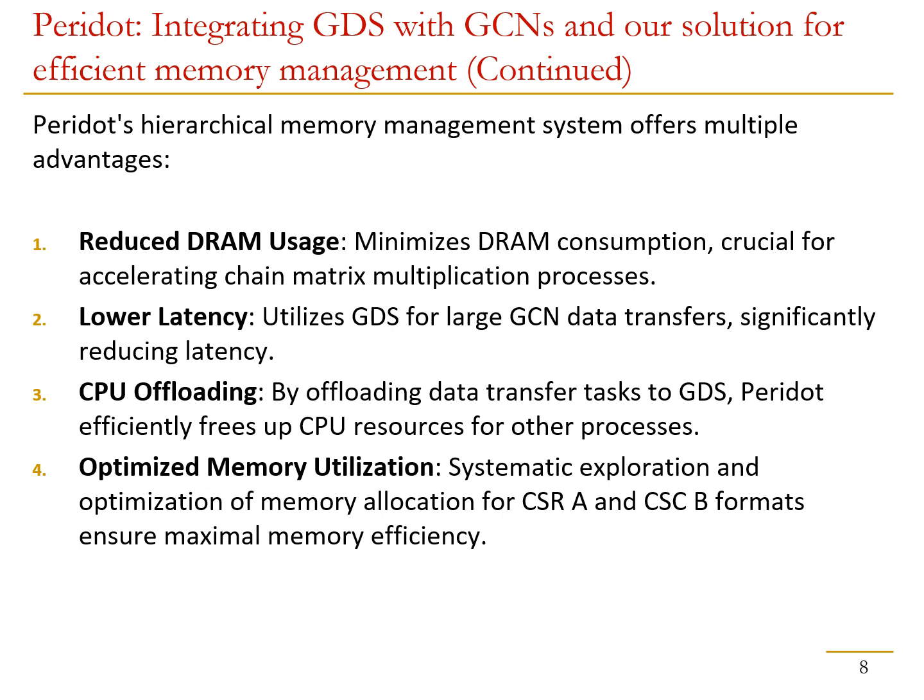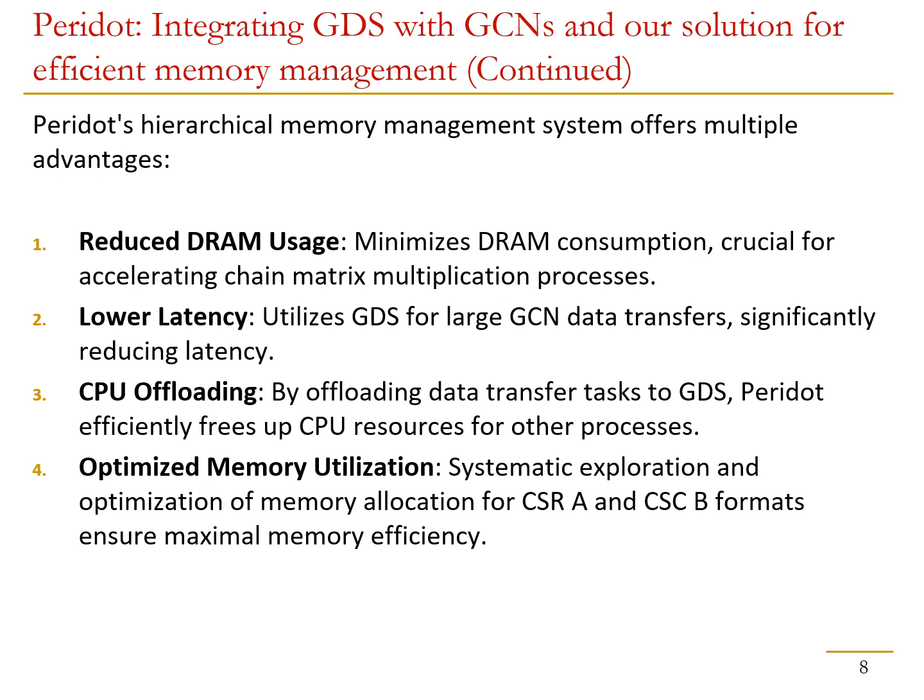Peridot's hierarchical memory management system offers multiple advantages. Number 1. Reduced DRAM usage. Minimizing DRAM consumption is crucial for accelerating chain matrix multiplication processes. Number 2. Lower latency. Utilizing GDS for large GCN data transfer significantly reduces the latency. Number 3.